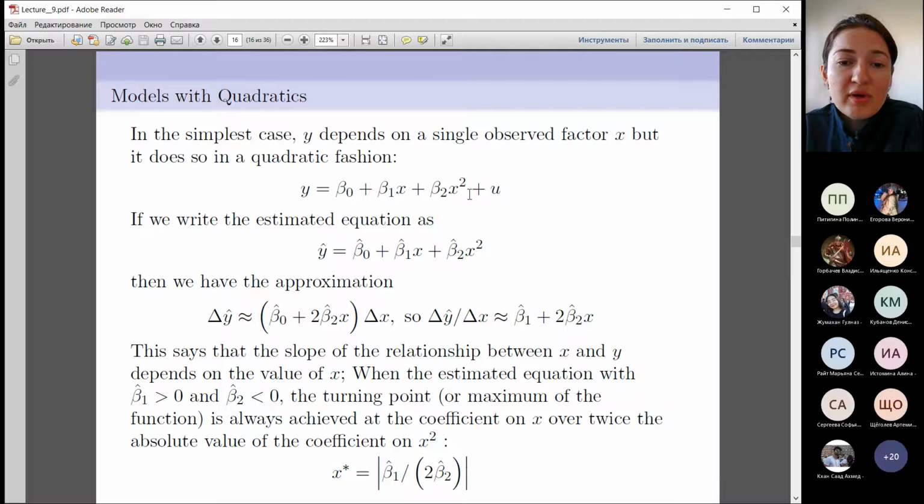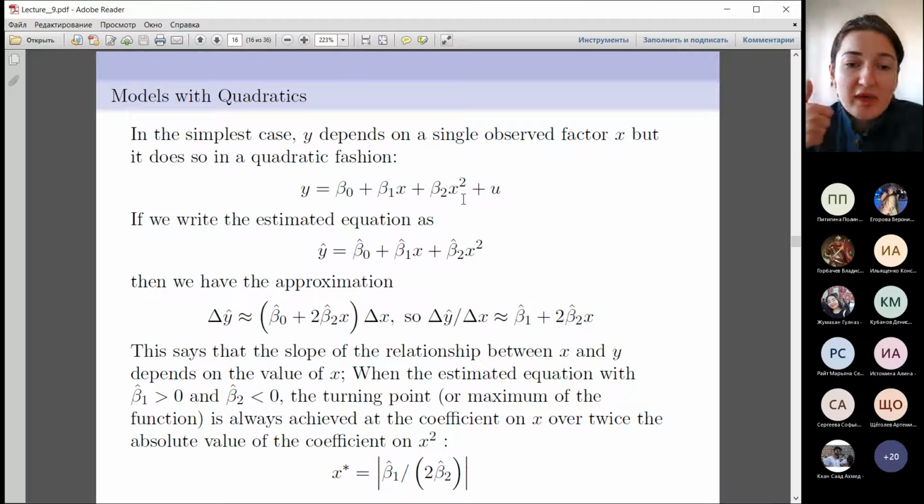And I hope that you remember how to implement the models with the quadratics. And I hope that you remember how to interpret the coefficient associated with the squared terms of some models.